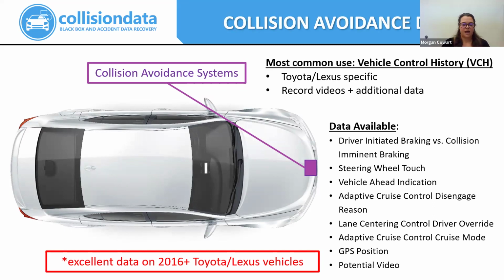These vehicles actually have the capability to record and store 8 seconds of black and white video footage of accidents or potential accidents for 6 months of normal operator driving. So from the VCH system, you can get things like your steering wheel touch, adaptive cruise, lane centering, GPS positions, as well as low impact cases.